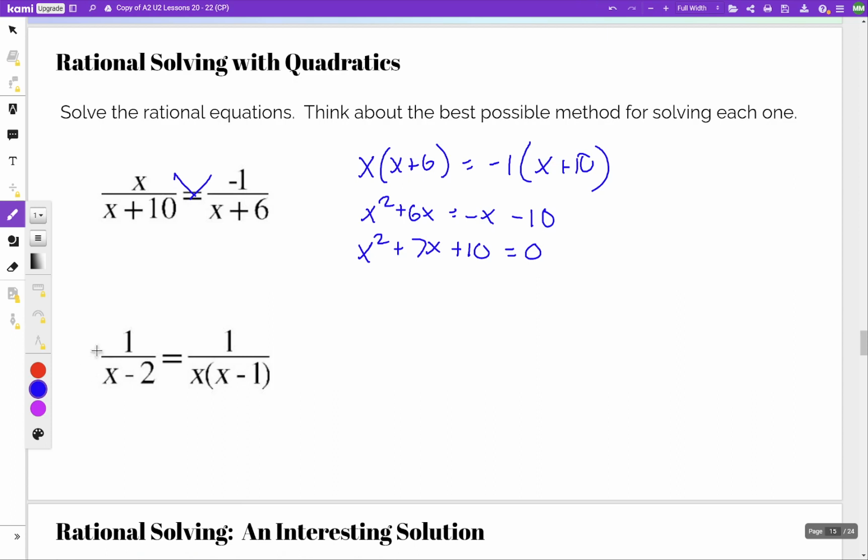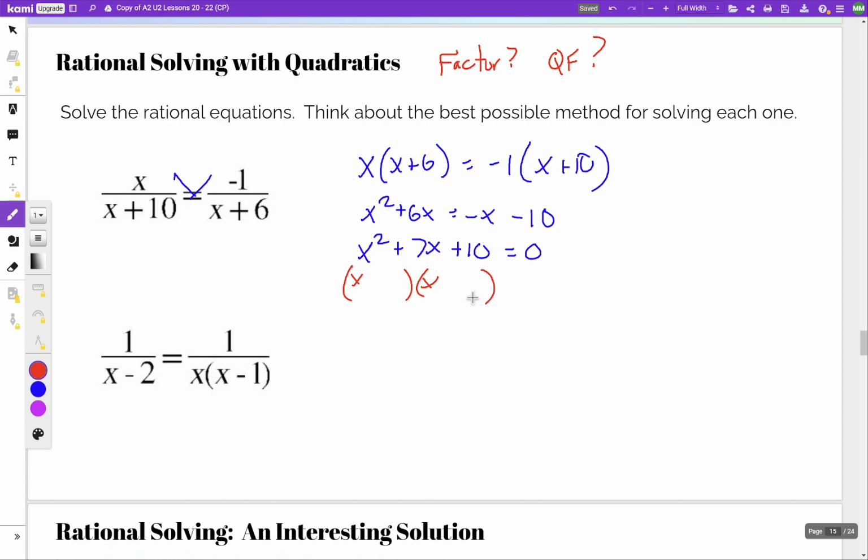Okay, so next order of business. Can we factor it? And if so, do it. And then if that doesn't work, then you'll have to rely on the quadratic formula. Okay, factor. Let's try it. What does x squared break into?